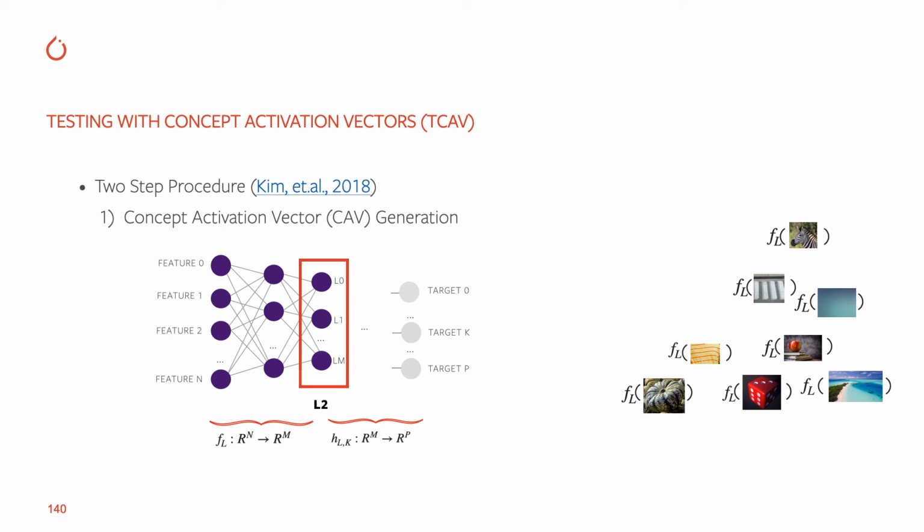In order to compute concept activation vectors, let's first compute the activations for all the concepts that we have in a given L2 layer. In this case, let's compute activations for stripes and random concepts. Concept activation for each concept represents the output of the f_L function for each image that resembles either the stripes or random concept for this specific example.